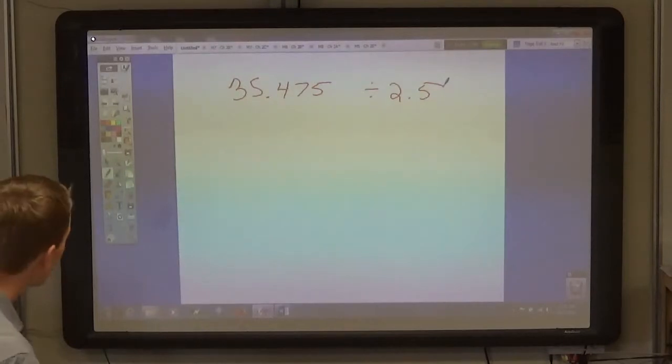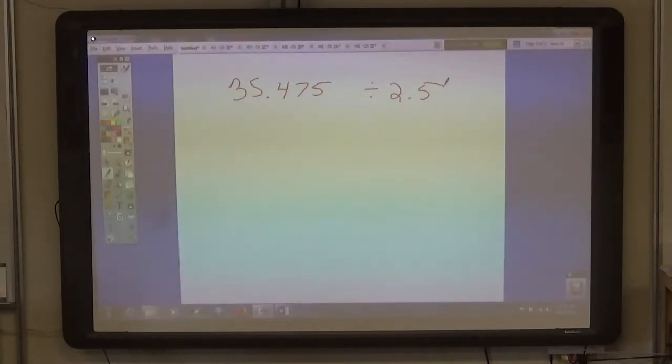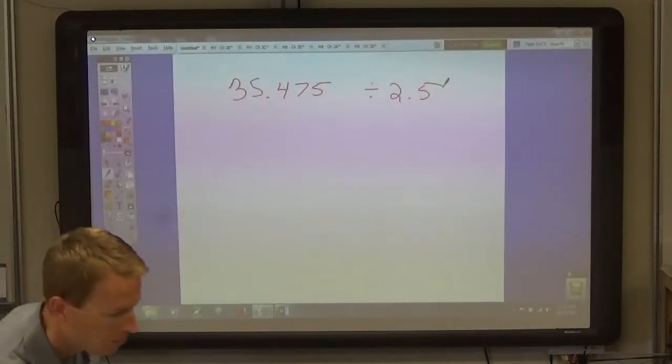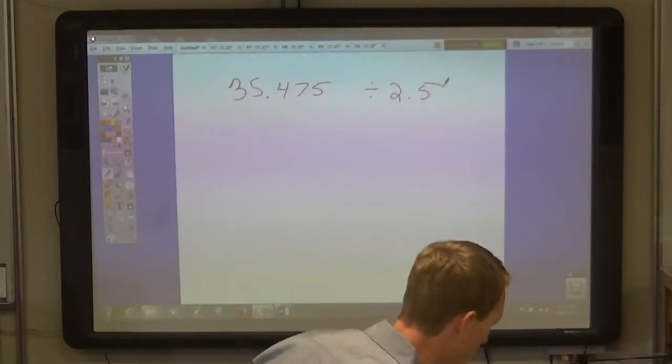What was it? You have to move the decimal point in both numbers, not just one number. So what would the new problem be?